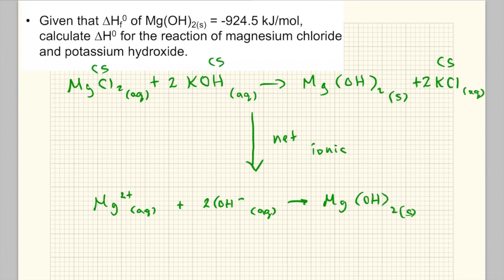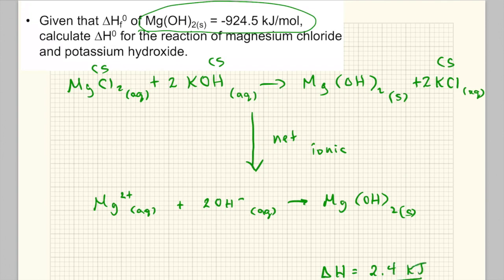Now you can use the chart and get the information that you need from the chart. So you can do your products minus your reactants. Now it gives you what the delta H is for this, but you could solve the rest of this problem. And ultimately, when you do that, you're going to find that delta H for this problem is 2.4 kilojoules.